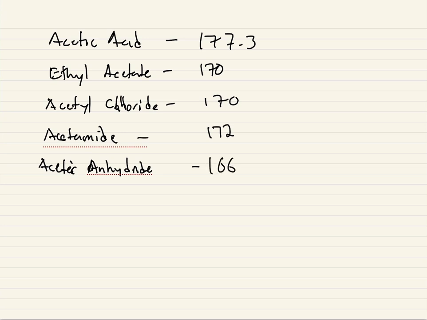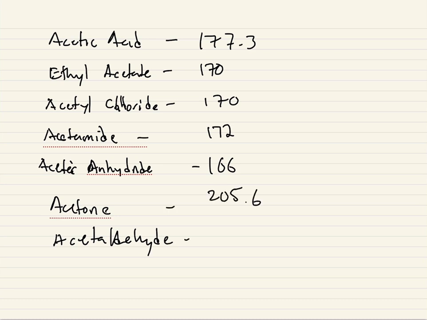And then acetone and acetaldehyde, those are going to be around 205.6 and 201.0 for the ppm. So this is for the carbon 13 NMR spectra. And so those are some of the typical delta values that you'll see for carbon 13.